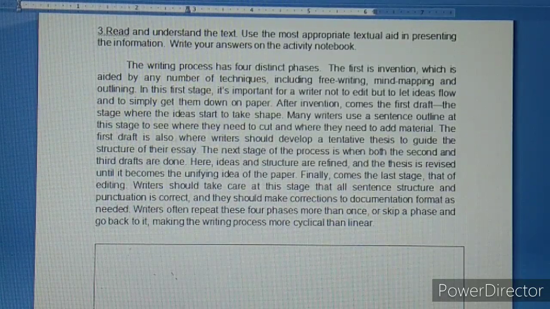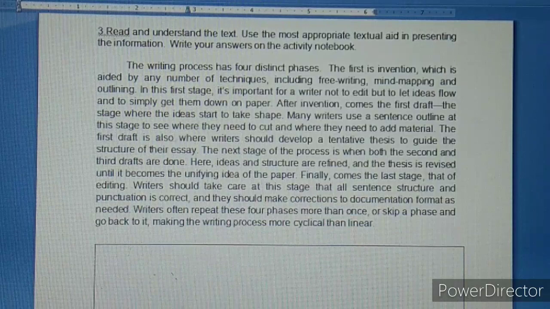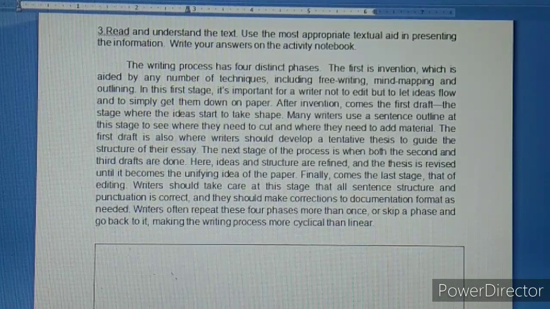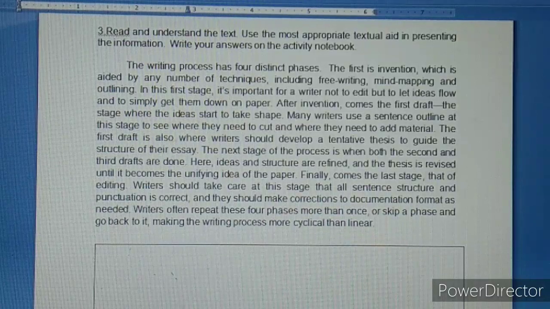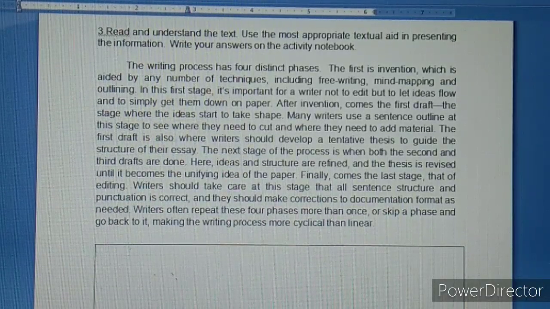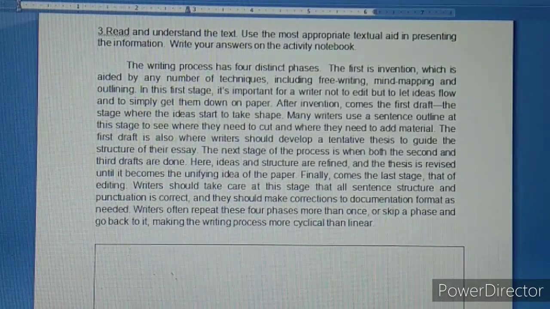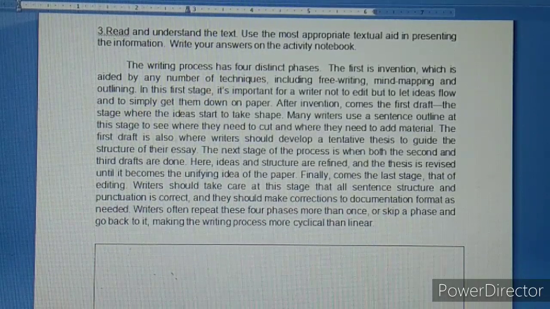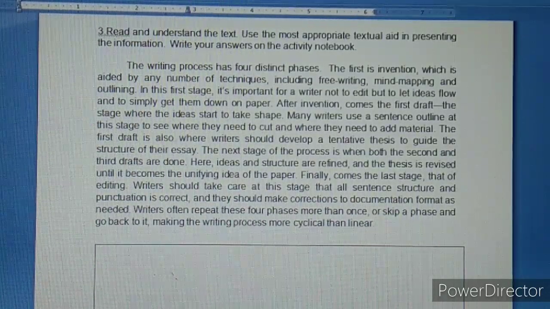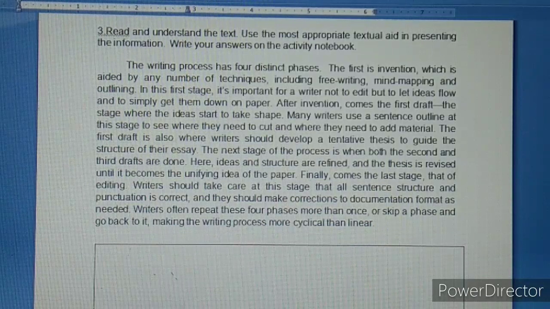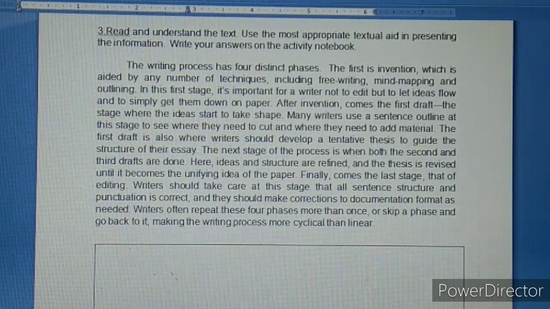That's the second stage, where the ideas start to take shape. Many writers use a sentence outline at this stage to see where they need to cut and where they need to add material. The first draft is also where writers should develop a tentative thesis to guide the structure of their essay.